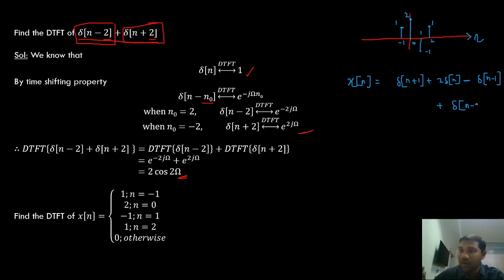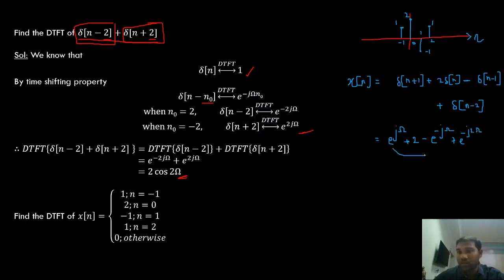Now I need to find my X of e power j omega. So I'll take the DTFT on both sides. It is nothing but the summation of individual DTFTs. So for the first one, the DTFT is e power j omega plus 2 minus e power minus j omega plus e power minus j 2 omega.